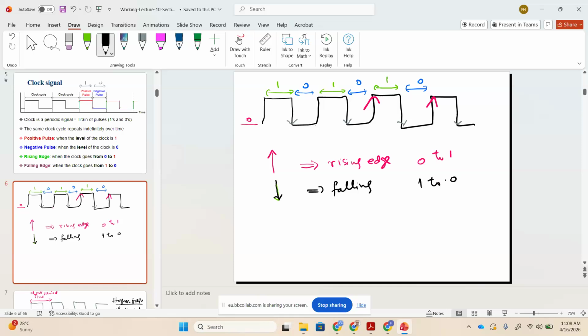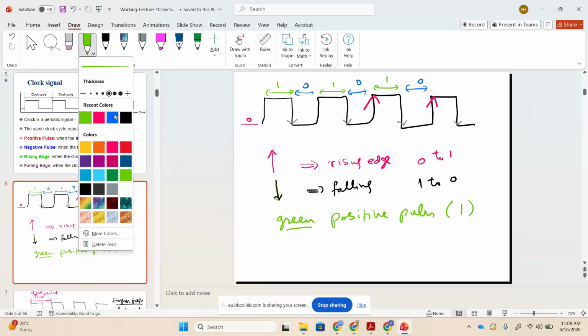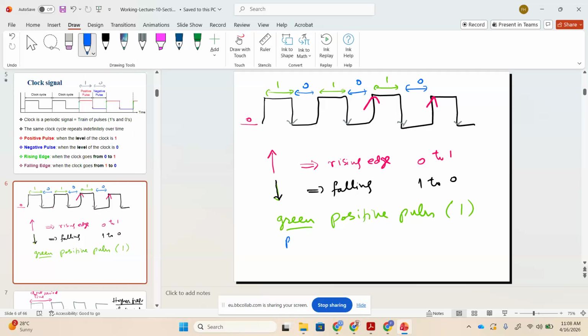So this is how it works. This is from 1 to 0, and this green thingy is called a positive pulse because it's 1. And the blue thing is called what? Help me. Negative.